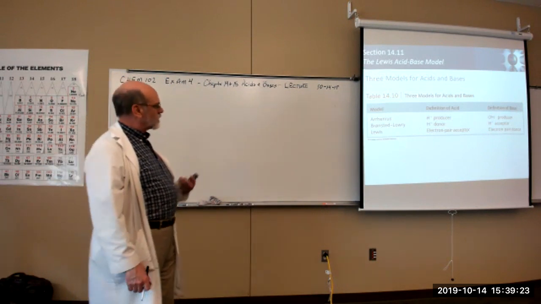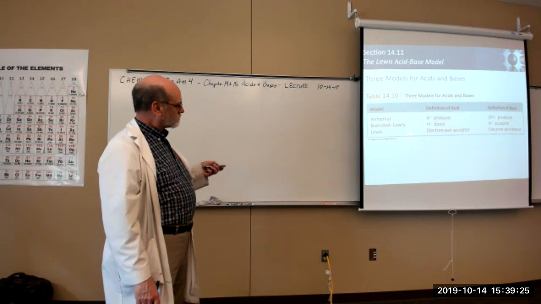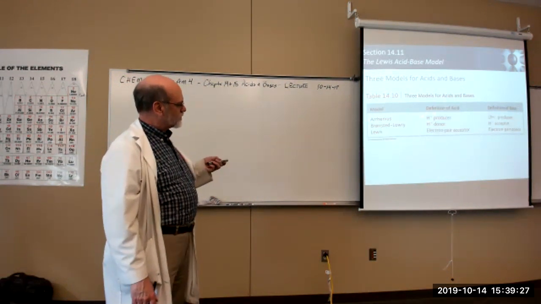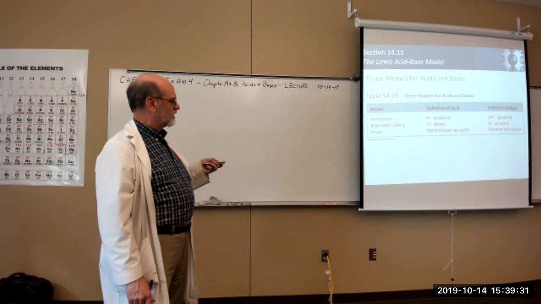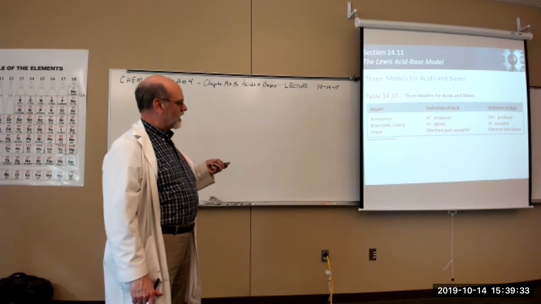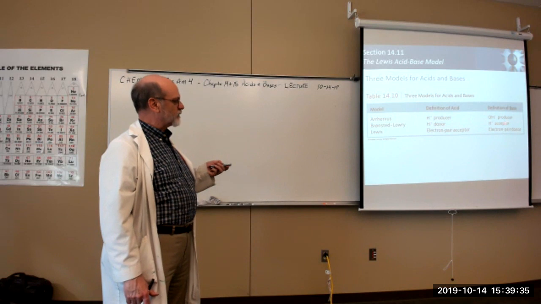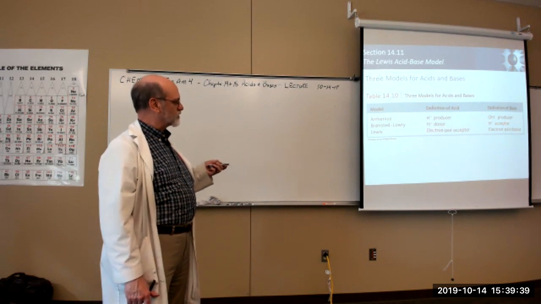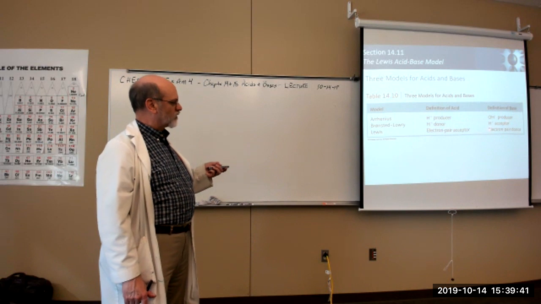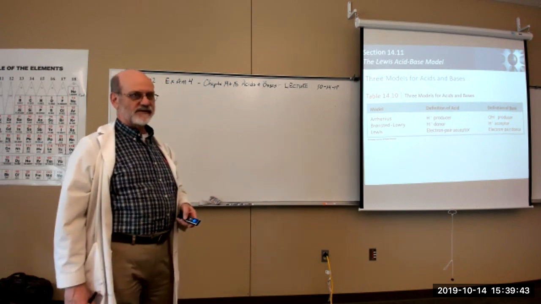Okay, so here's all of them together. Arrhenius says acids are proton producers, hydroxyl producers for bases. Bronsted-Lowry, hydrogen ion donors, hydrogen ion acceptors for bases. And Lewis said electron pair acceptors were acids and electron pair donors were bases.